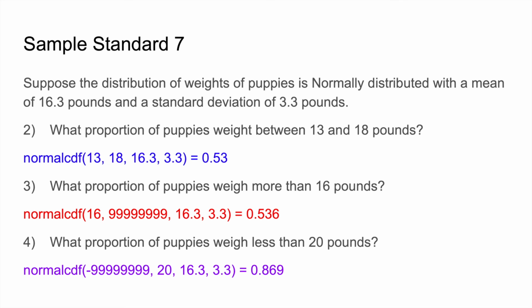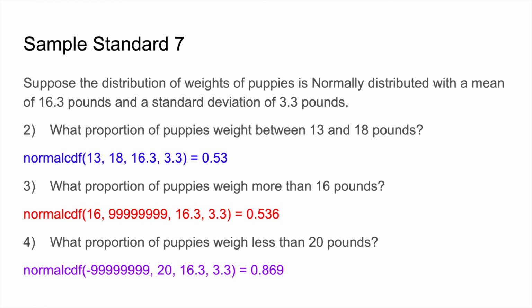It's technically supposed to be infinity, but we can't quite type in infinity on the graphing calculator. So just a lot of nines will do. I typically type in 8 different nines, but that's up to you. Just choose a really, really big number. And then the mean and the standard deviation. And it turns out that about 53.6% of puppies weigh more than 16 pounds.